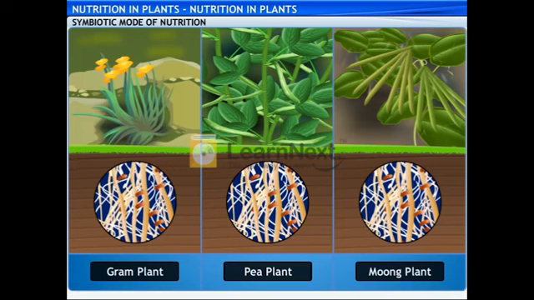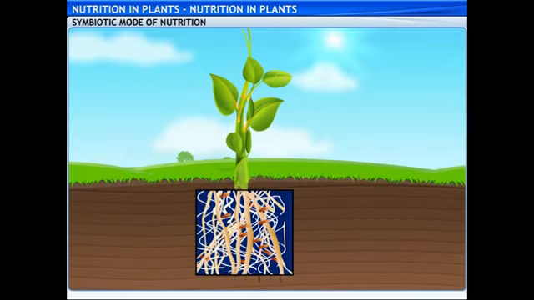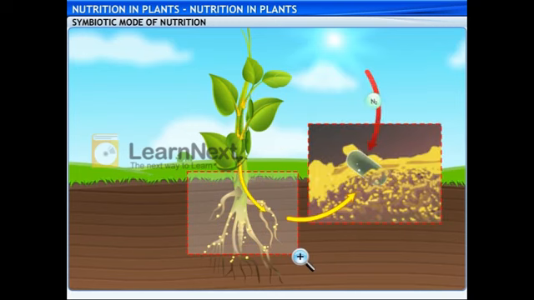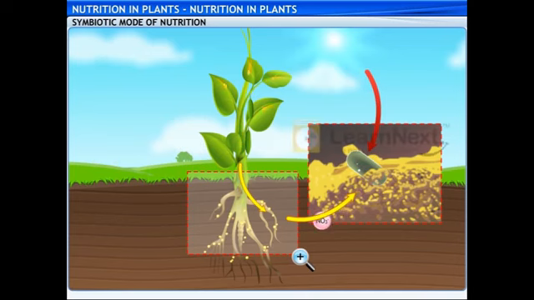It lives in their roots and provides them with nitrogen. In return, the plants provide food and shelter to the bacteria. Thus, this symbiotic relationship is mutually beneficial to both the plants and the bacteria.